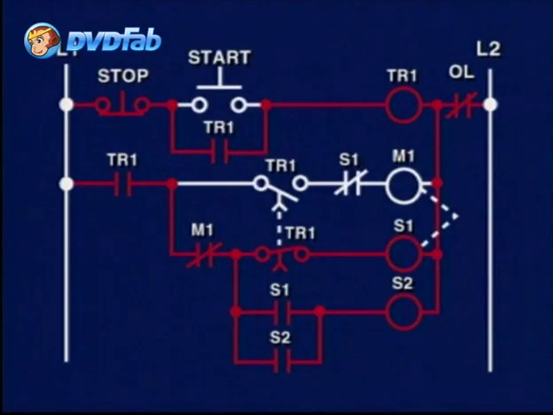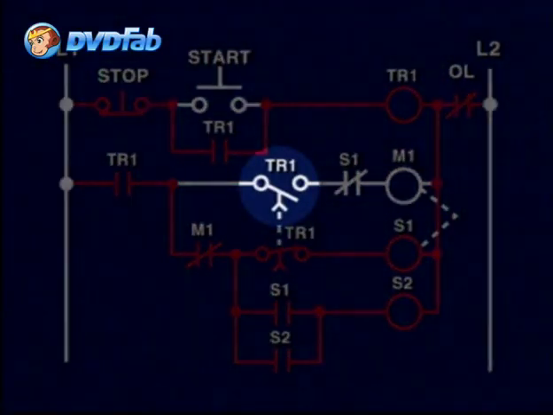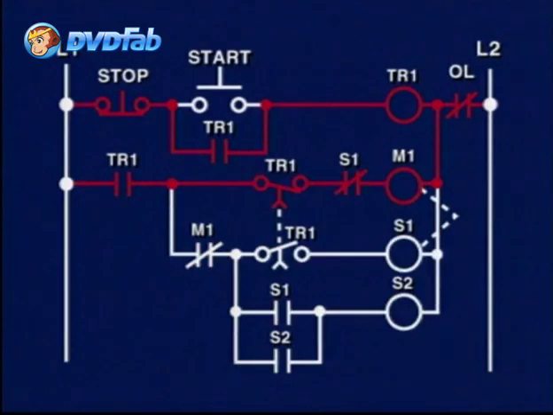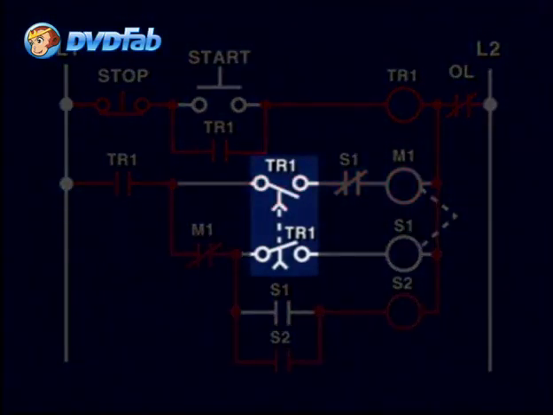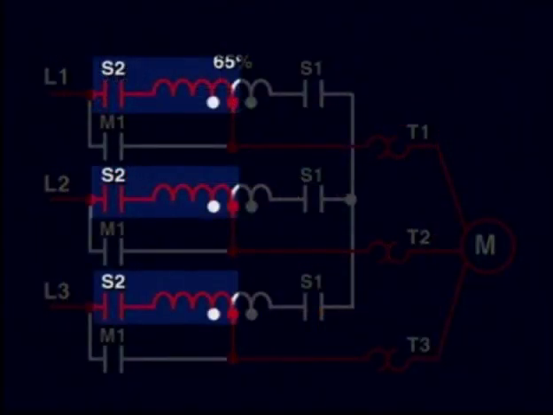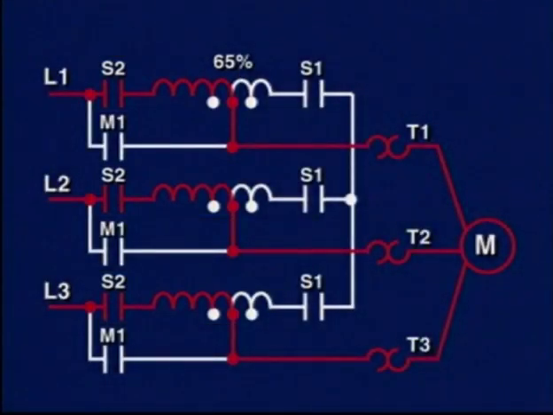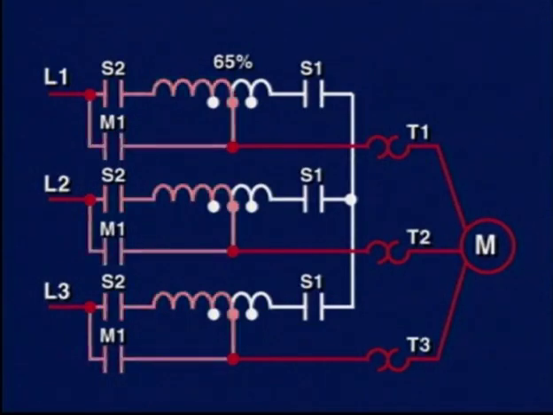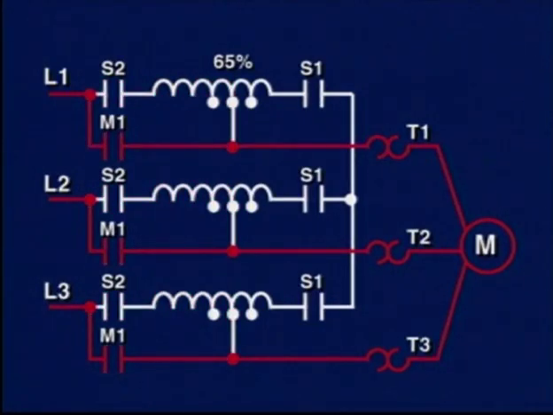When the time delay has elapsed, the on-delay timer will be actuated and bring the motor circuit to full voltage. Note that while the timer's delay contacts are in the transition of going from open to closed, and vice versa, to energize contactor M1 and take out contactor S1, the contacts S2 are still connected to the autotransformer and form the only current path as a reactive inductor to the motor, so that a closed transition is maintained.